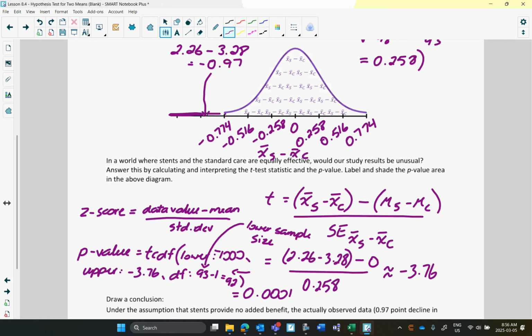Why do I feel like I have that wrong? Should it be? No, it should be negative.